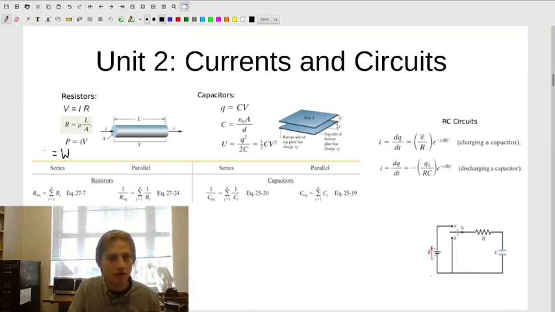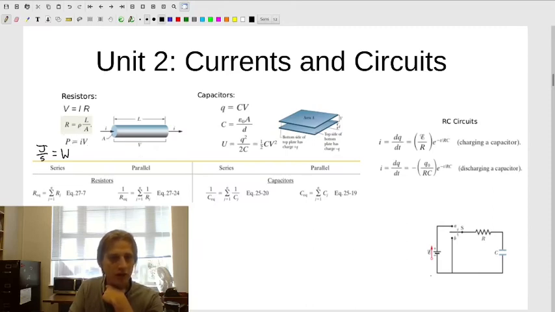A watt is a joule per second. A joule is a unit of energy. The amount of power is how much current is going through a particular voltage when that voltage drop is happening over the length of the resistor. Okay, so that was our lesson here.